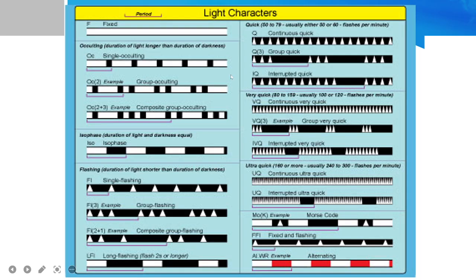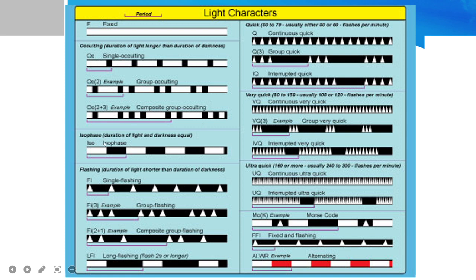So the light characters. As you can see here, fixed, and also the standby lights. Occulting is when the duration of light is longer than the duration of darkness. This is single occulting, and group occulting is a series of two lights, and the composite group occulting is a series of two and three lights.